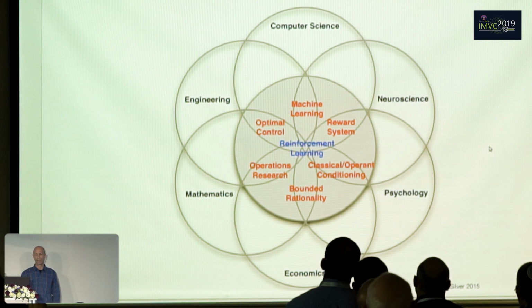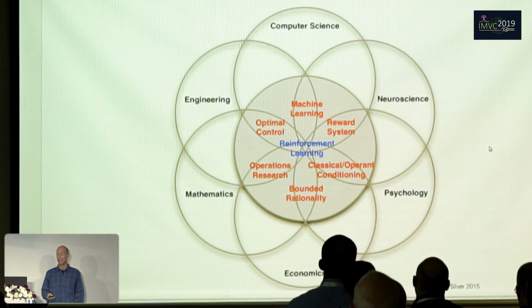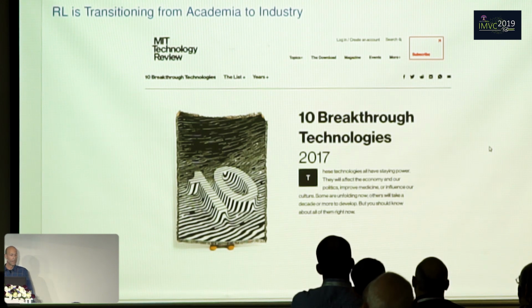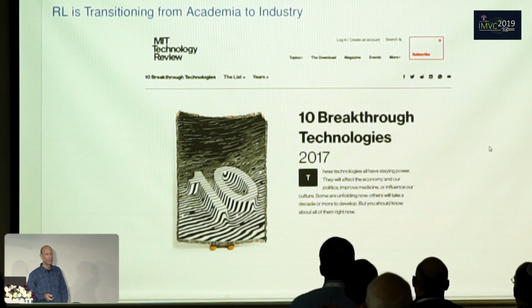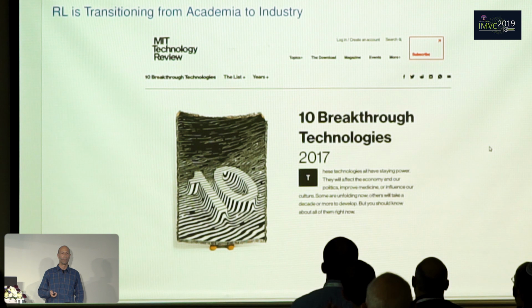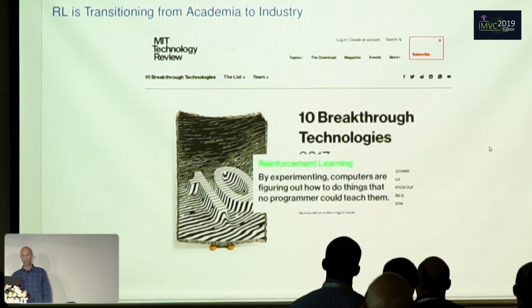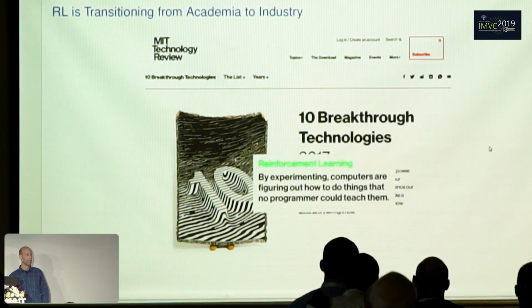Scientifically, reinforcement learning overlaps with several other fields, obviously computer science, but also engineering, mathematics, economics, and even psychology and neuroscience. And recently, RL is also transitioning from academia to industry. So in 2017, MIT Tech Review ranked it among 10 breakthrough technologies. And I cite, by experimenting, computers are figuring out how to do things that no programmer could teach them.